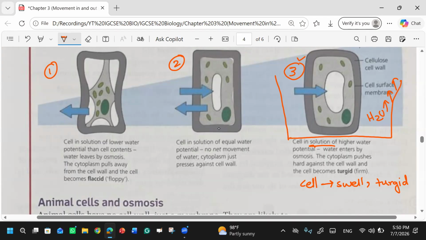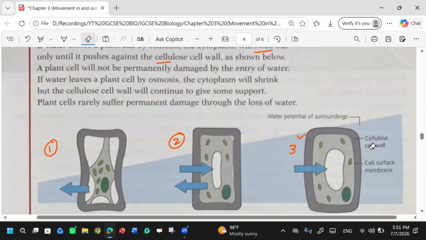Yes. Definitely, if the solution has more water potential, it means inside the cell there is low water potential. So water will start moving inside. That's why they have shown this blue arrow, that water is going inside the cell from the surrounding.